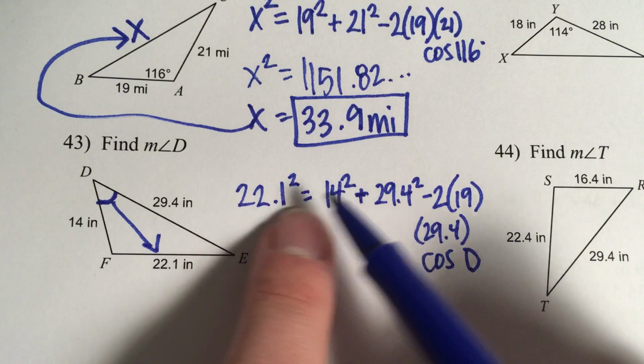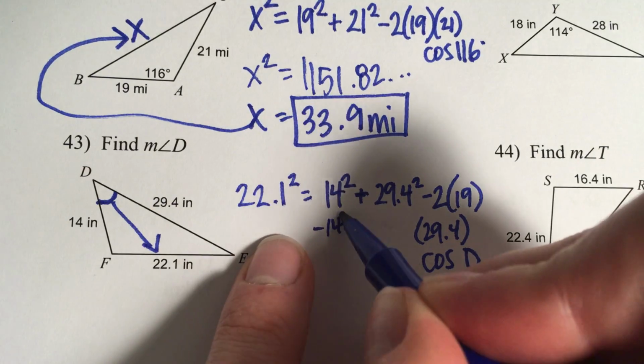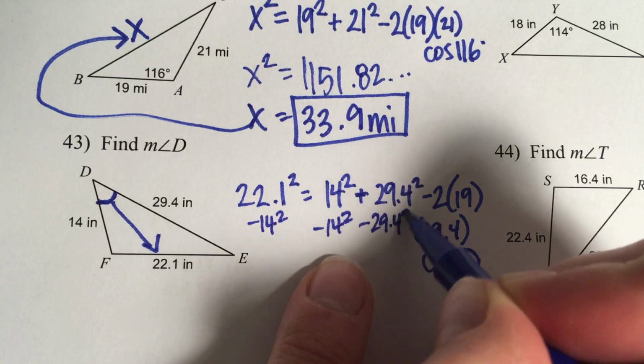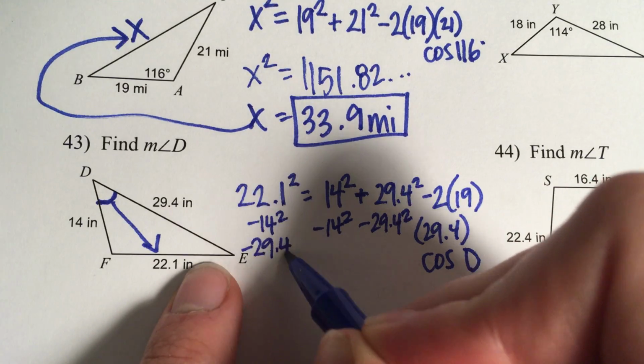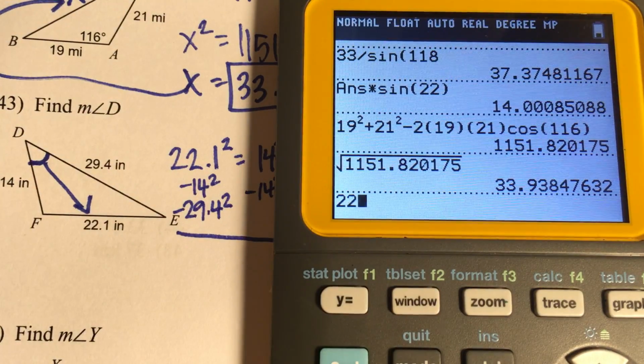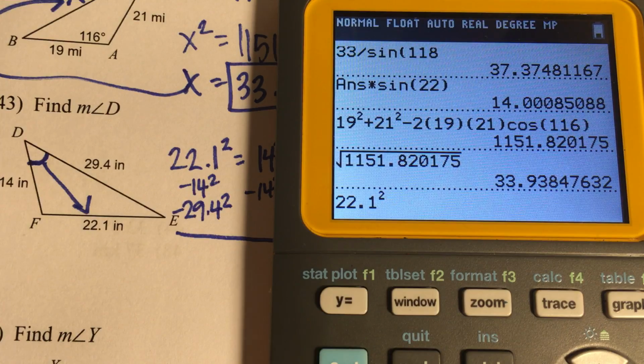So I'm going to take this and I'm going to subtract 14 squared on both sides and 29.4 squared on both sides. And that, I'm doing my calculator, 22.1 squared minus 14 squared minus 29.4 squared.